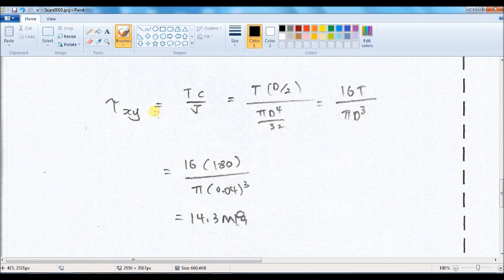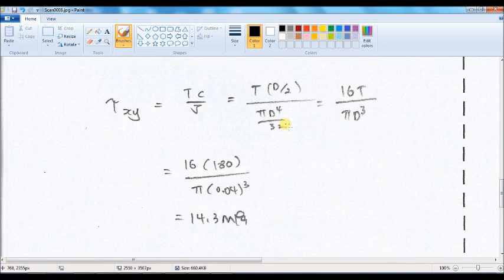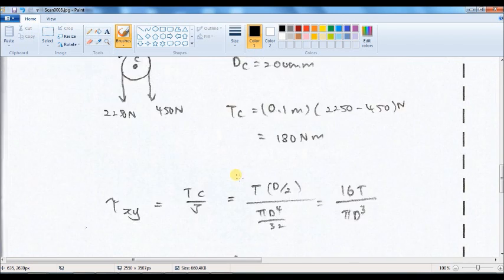So we can still say that the critical location is location B. I will substitute torque here, which is 180 Newton meter, and the second polar moment of area J, which you can find from the appendix, equals this. We substitute and simplify the equation in this way, and we find that the torsional shear stress is 40.3 megapascal.